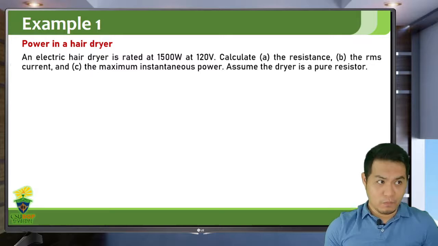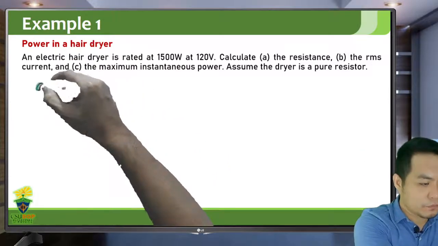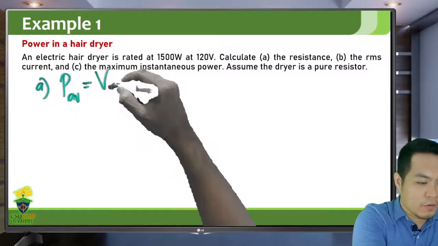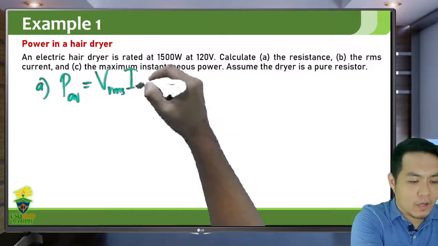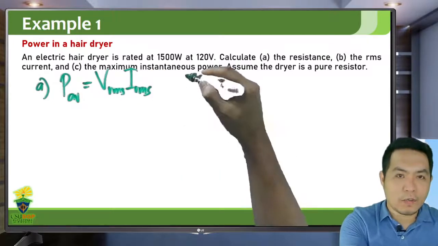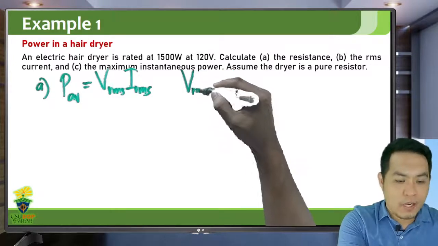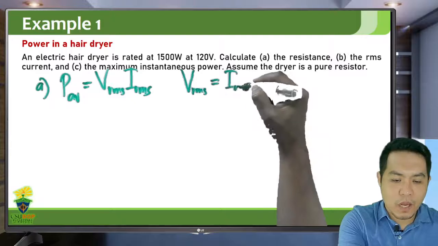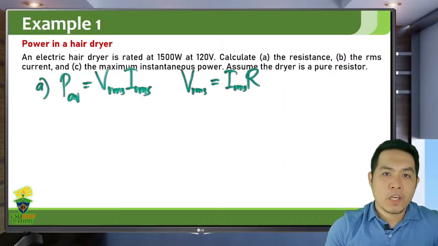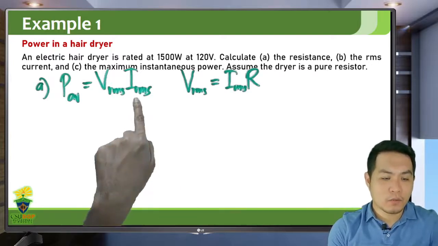If you assume the dryer is a pure resistor, then the average power of a resistor is V_RMS times I_RMS. Take note, for a resistor in an AC circuit, V_RMS is equal to I_RMS times R. Now, the current I_RMS is unknown.